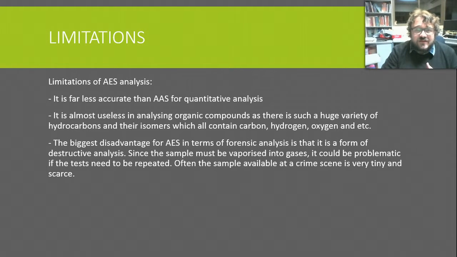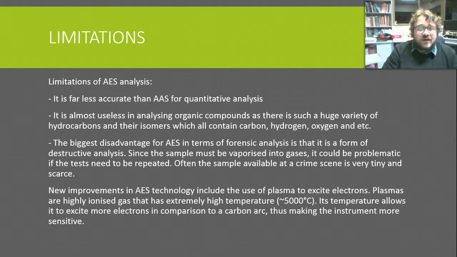The biggest disadvantage, though, is that it is, again, a destructive analysis. You need to vaporize it. If you're vaporizing it, you can't repeat it if the sample is tiny and that's all you've got. However, it's getting better. They now use plasma to excite electrons, and you can excite more electrons compared to a carbon arc, which, if you're talking about very, very large atoms, gives you a much more detailed map.